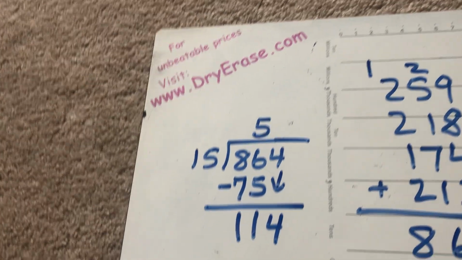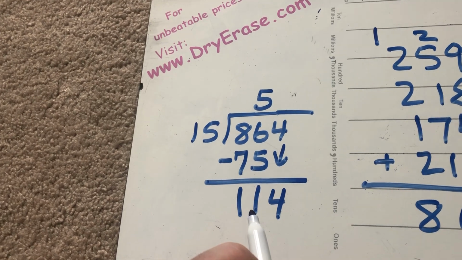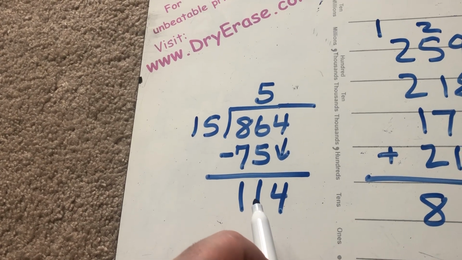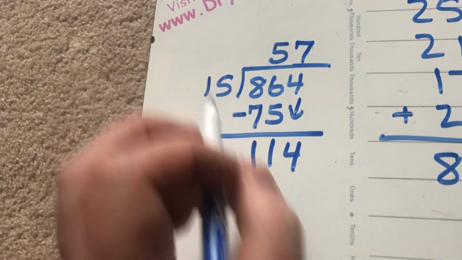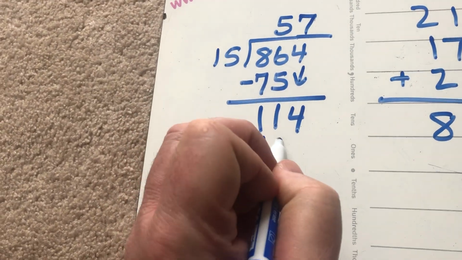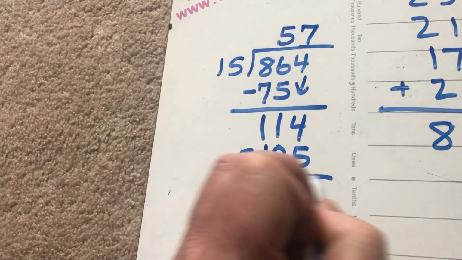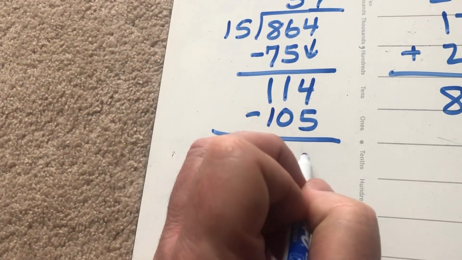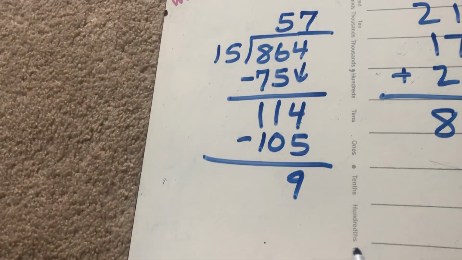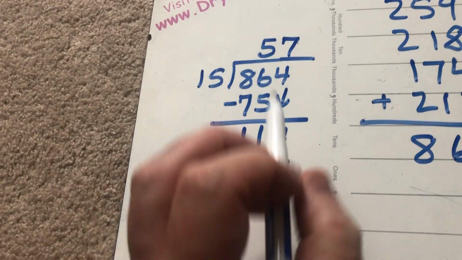I'm going to say, okay, 15 can go into 114. I'm going to say 7 times, because I think that 7 times 15 is 105. 114 minus 105 is 9. Cannot end up with a remainder.